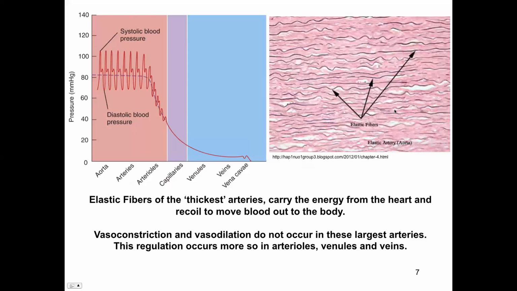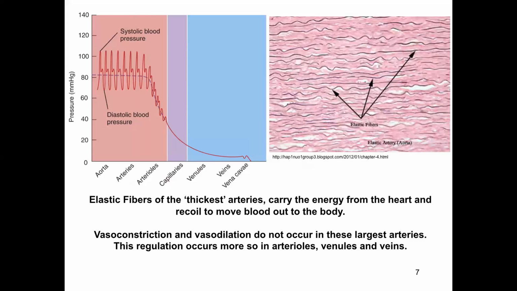So in these vessels, like I had mentioned before, we have these elastic fibers. And I mentioned in class what would happen if I take an elastic band and I stretch it and then I let go, right? And everyone knows that when I let go of the ends of my elastic, it will bounce back. Well, the exact same thing is happening in these thickest arteries.